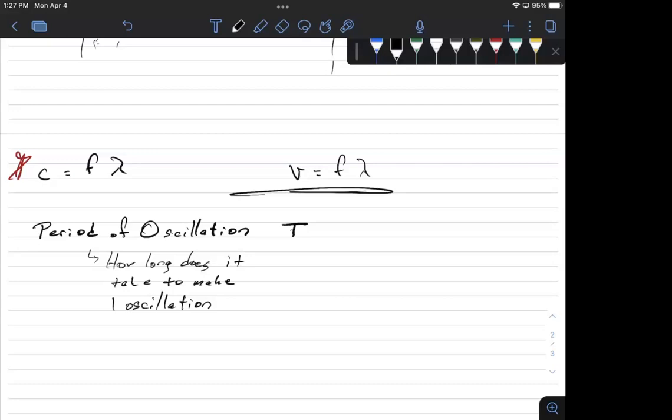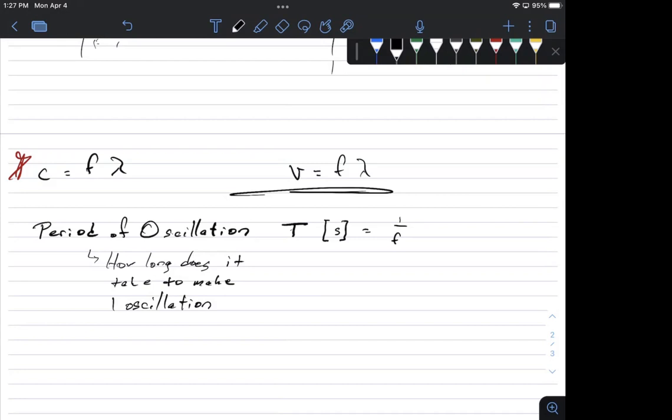The equation for the period is just T equals 1 over frequency. Very nice. If you know the frequency, just take the reciprocal, 1 over the frequency, and that gives you the period. So that's another thing you may want to know.